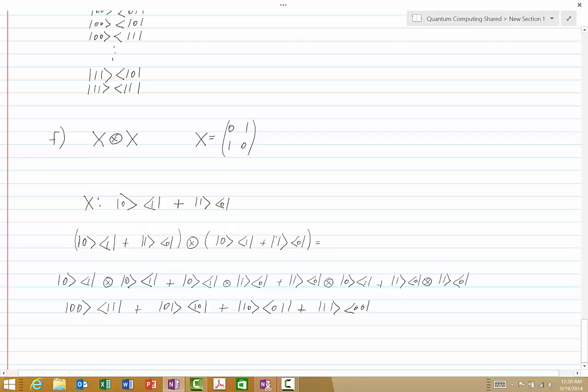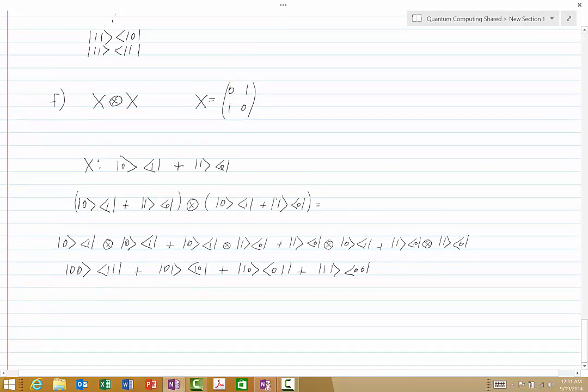So when we take the tensor product of two of these operators, we look at the ket parts together, 0 and 0, to form this, and then the bra parts together, 1 and 1, to form this. Again, the ket parts 0 and 1, the bra parts 1 and 0, and so on.